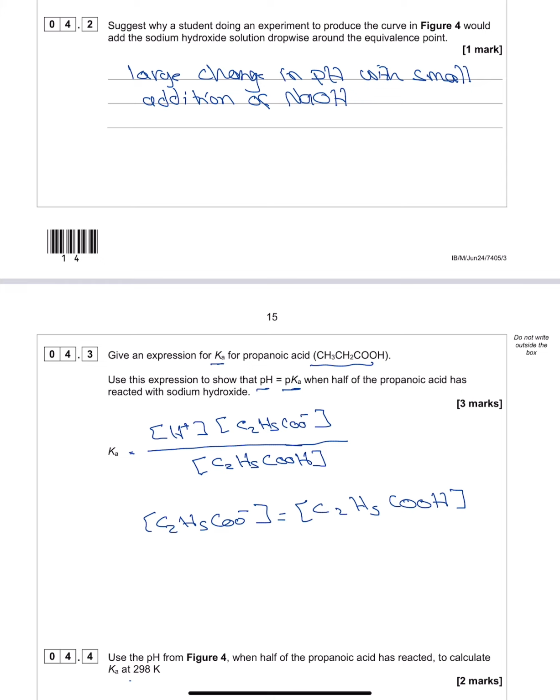That means they will cancel out in this expression, so Ka will equal the hydrogen ion concentration. We know that pKa equals minus log10 of Ka, which means that now Ka equals the hydrogen ion concentration, the pH will equal the pKa.